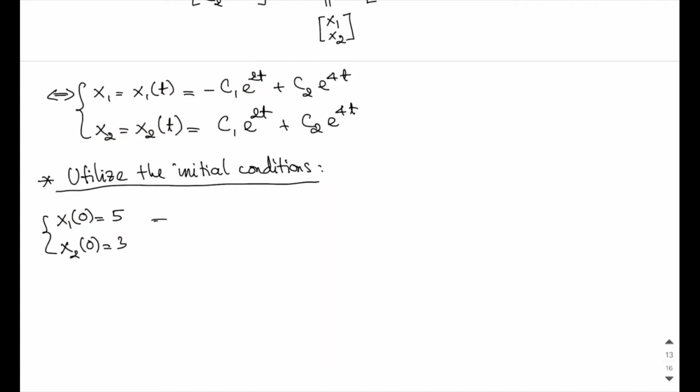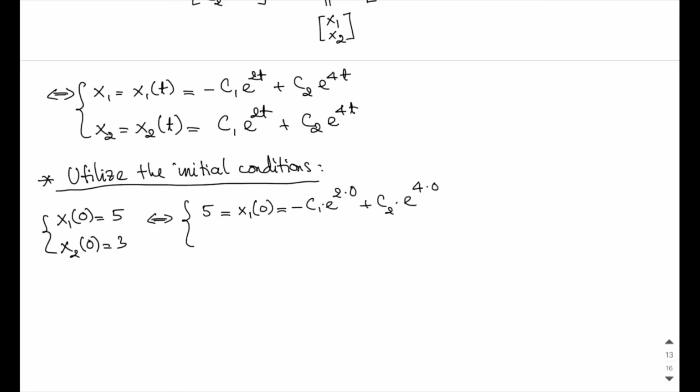So this is equivalent with 5, the value for x1 when t is set to be 0, and 3, the value for x2 when t is set to be 0, is going to be C1 e^(2 times 0) plus C2 e^(4 times 0). Now, when the exponents are zeros, the exponential function will give you the value 1.